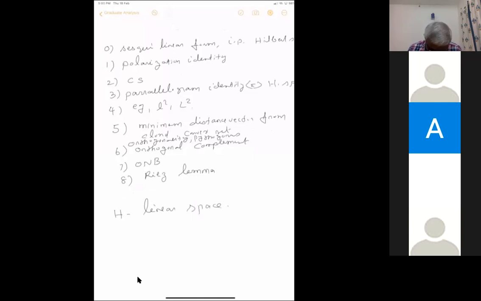Usually the inner product will look like this, but for the time being, let me use a different notation. A function from H cross H to C is a sesquilinear form.